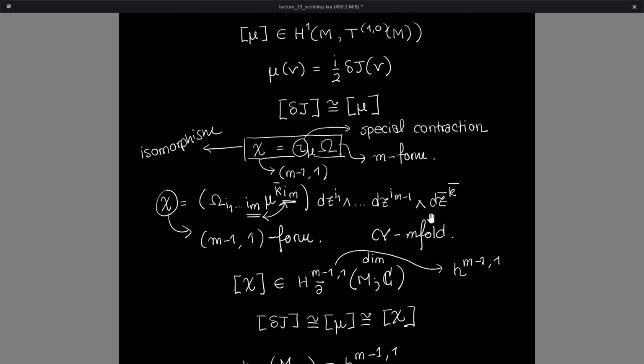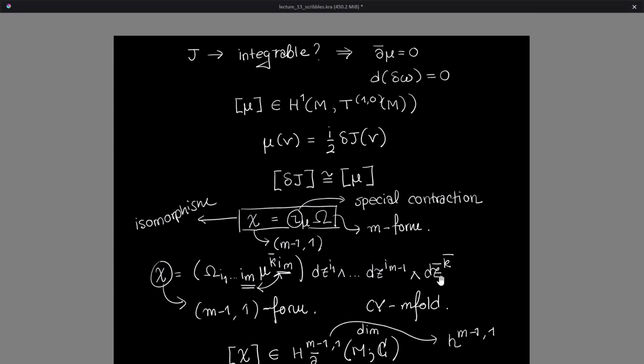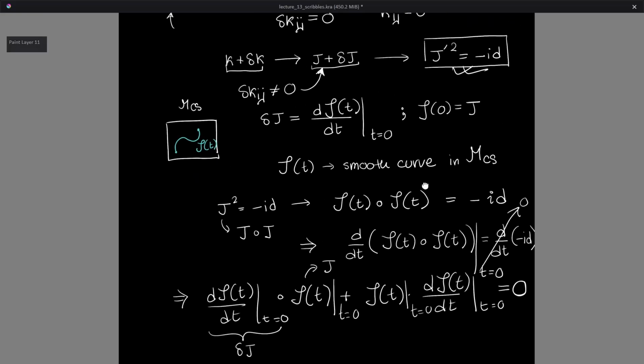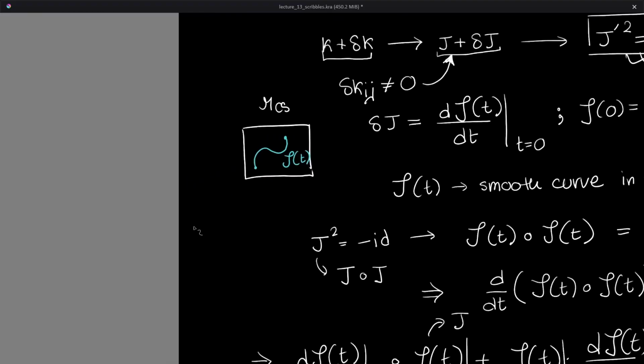But before we do that, I just wanted to quickly mention, where did I write it? It's in the previous page, isn't it? Here. So just like how delta J is a derivative of a smooth curve in MCS, similarly, we can think of, let's say that this is MK. You have that similar idea going on in the space of Kähler manifolds.